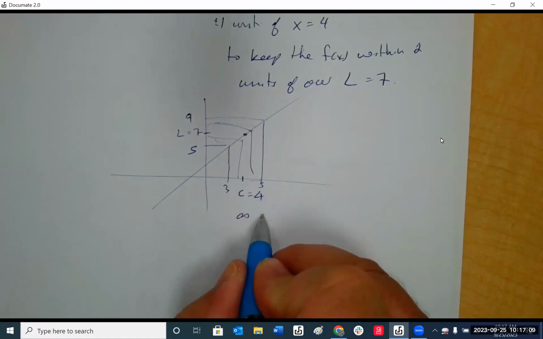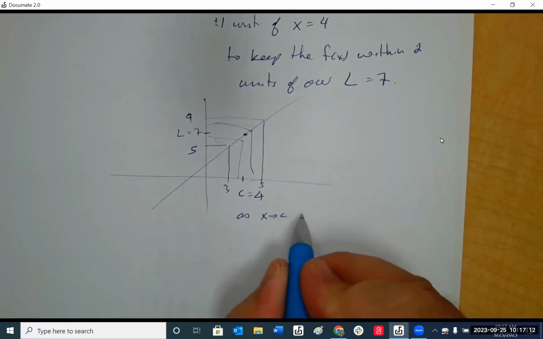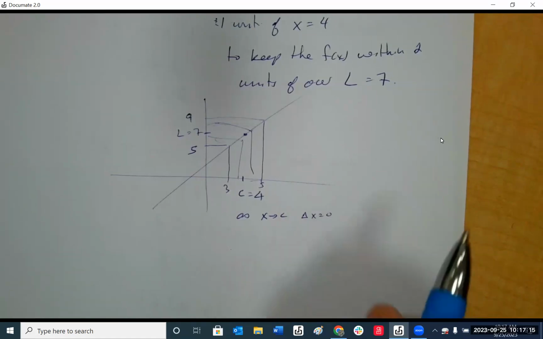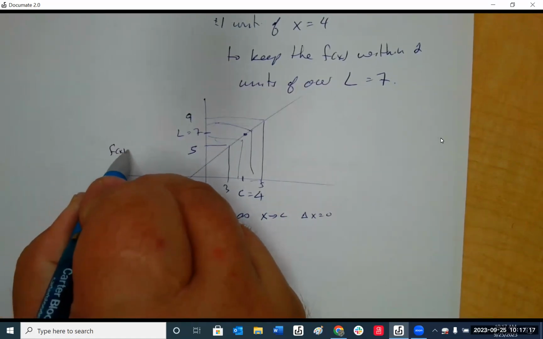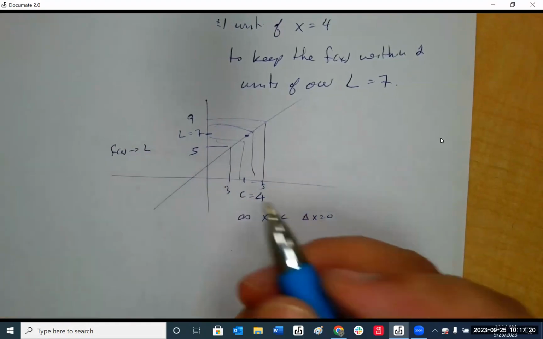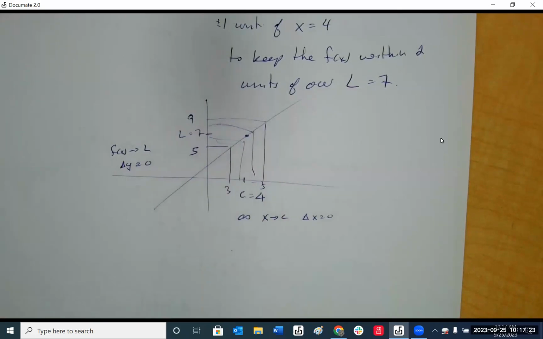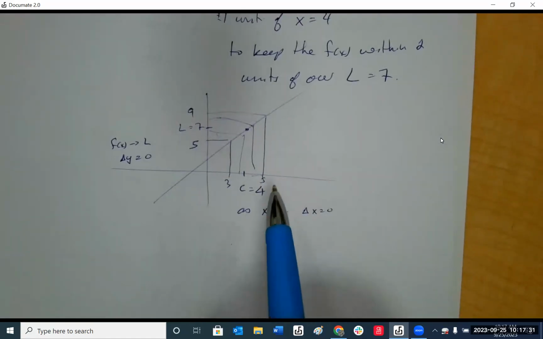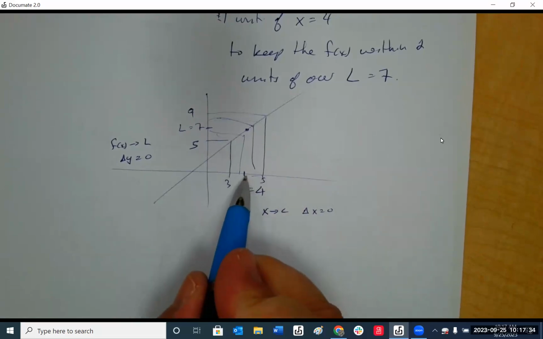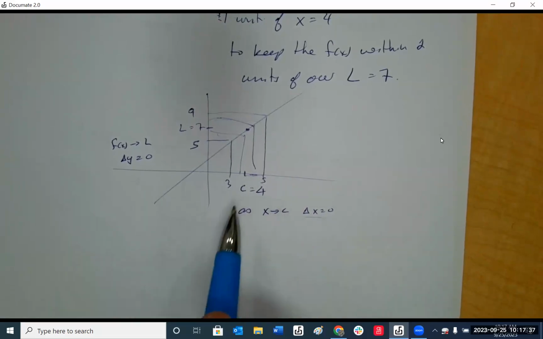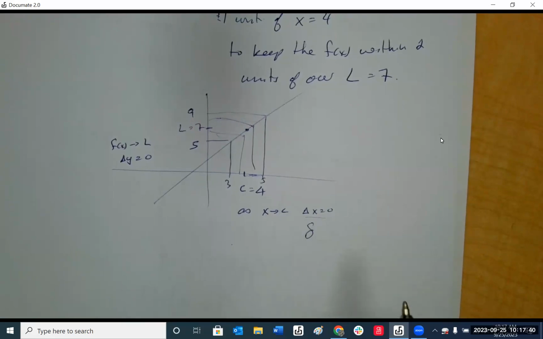So as our value x approaches c, and the distance becomes 0, our function approaches our limit, and the difference eventually becomes 0. So this is what we're looking for. As x approaches c, we're trying to show that this little opening here, this delta x, gets smaller and smaller and smaller.